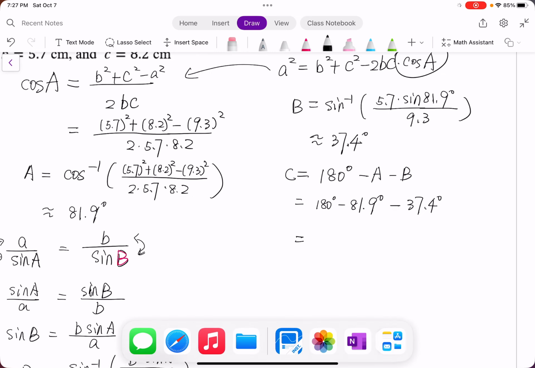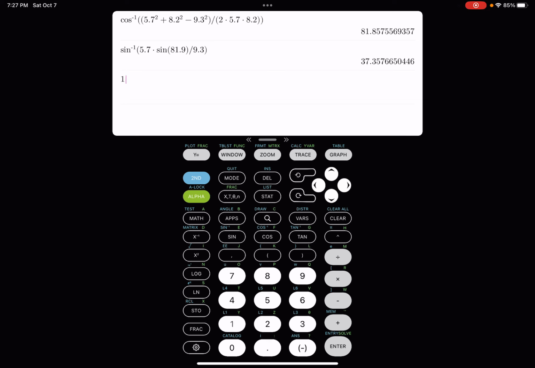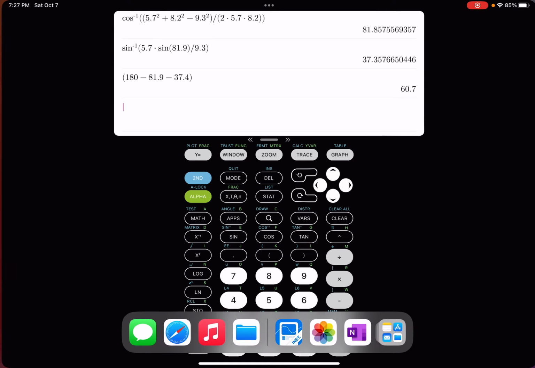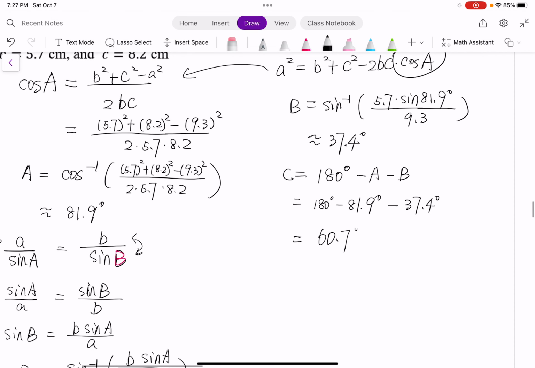So what is the angle C? We have 180 minus angle A, which is 81.9, and angle B, which is 37.4. And then hit enter. It is 60.7 degrees.